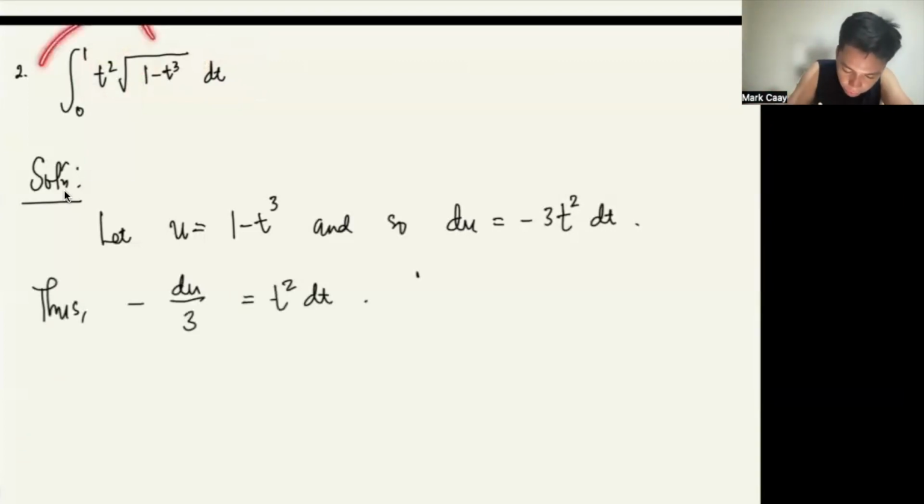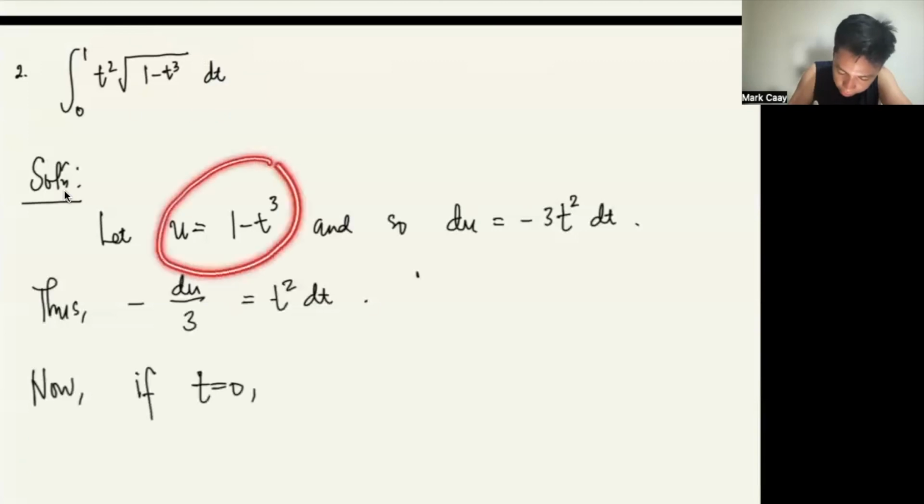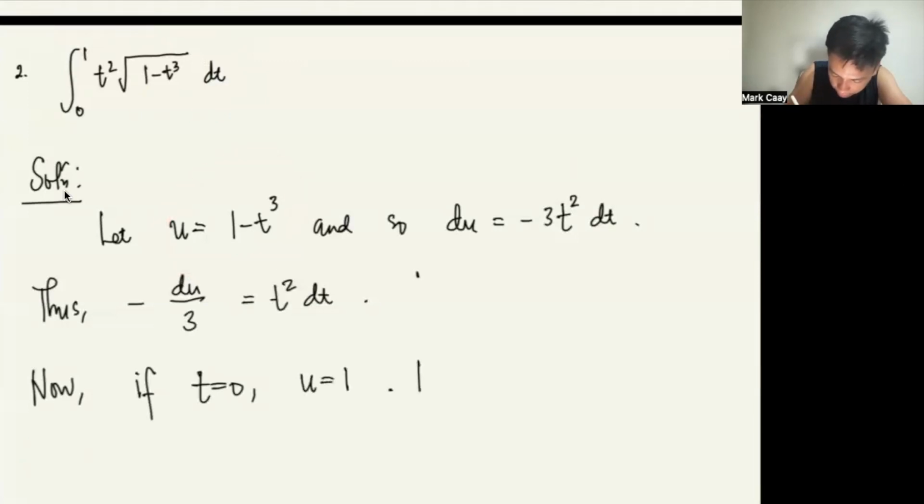Because you are changing the variable, of course, your boundary or your interval will also change. Now, if t is 0, what happens? Given this, when t is 0, u is 1. If t is 1, u is 0.